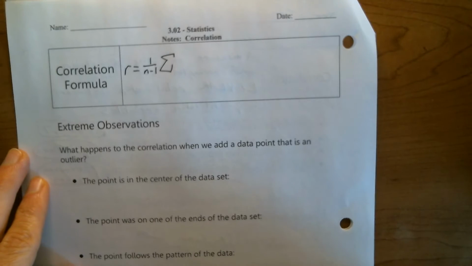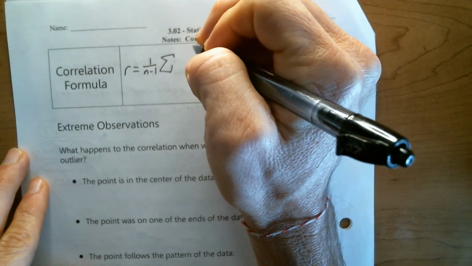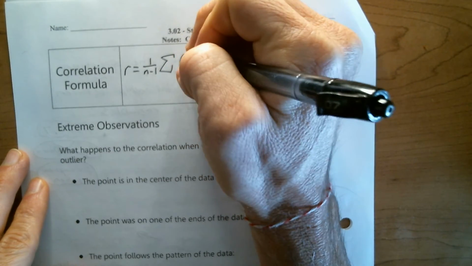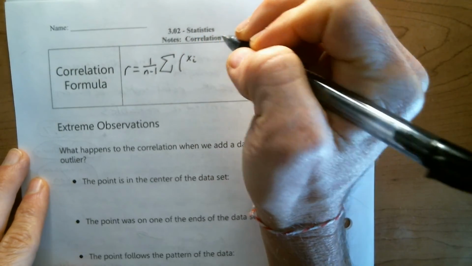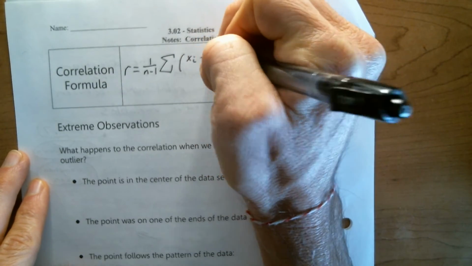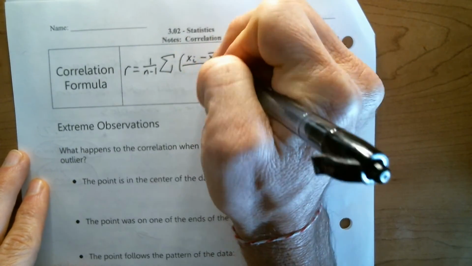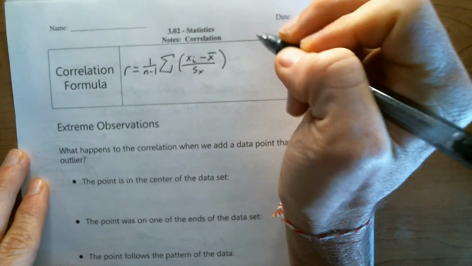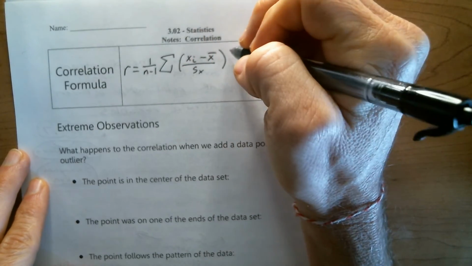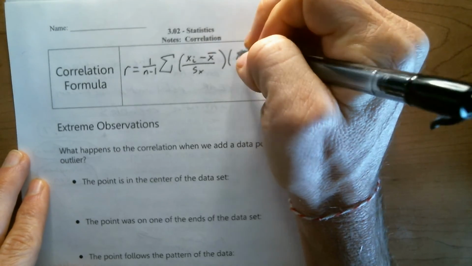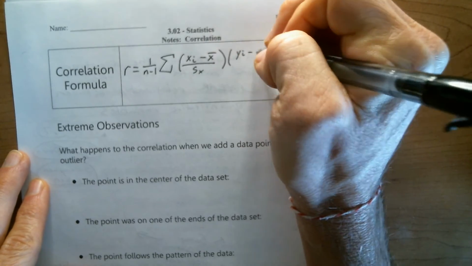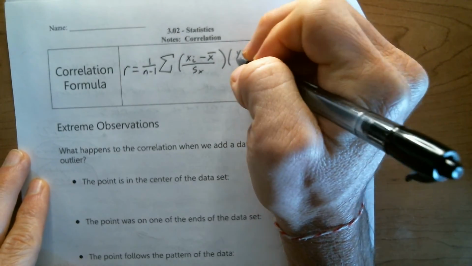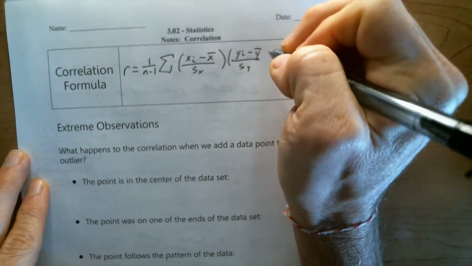So we're going to be adding up a whole bunch of different things. And what are we adding up? Well, we are adding up (x sub i minus x bar) over s sub x, times (y sub i minus y bar) over s sub y.